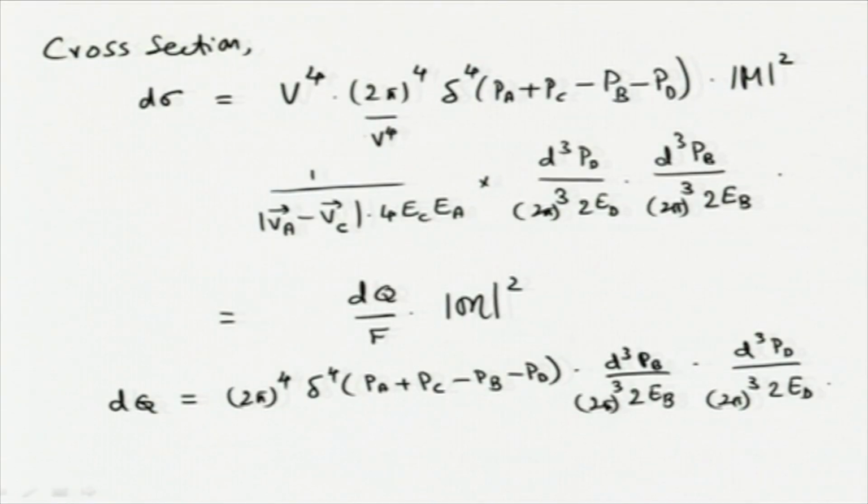And the phase space factor is also included in this, and the flux, the initial flux F, is |v_A − v_C|, the magnitude of the relative velocity between the two colliding particles, times 4 E_C E_A.